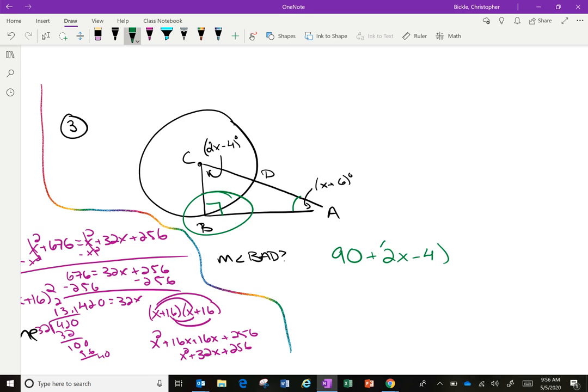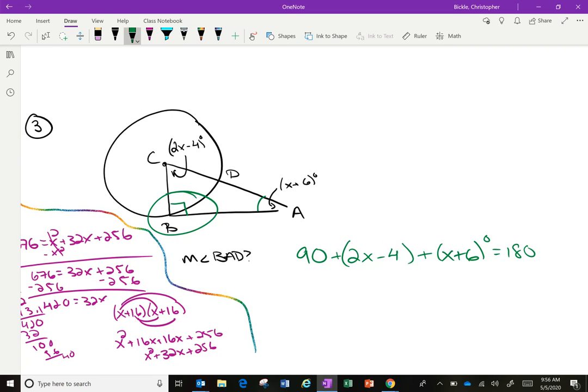You guys could also say that the first one plus the second one has to equal 90 if you just wanted to get rid of the 90 degree angle, but I want to keep them all there so you guys know what's going on. So triangle sum theorem, guys, that's all we're using. And again, we're applying this fact that the tangent has to be perpendicular to the radius, so we get a right triangle. Right triangles are powerful because if we can set those up, we can go through and find things.